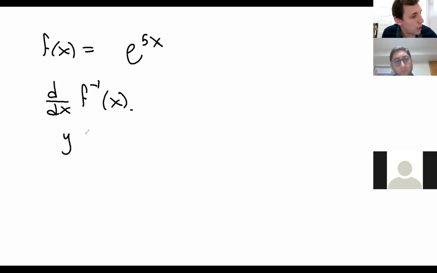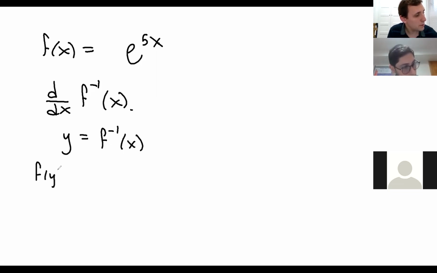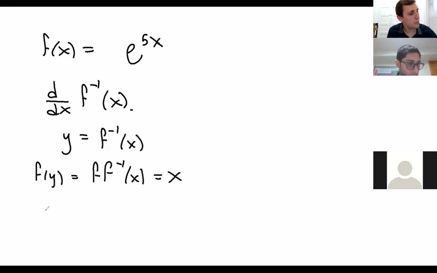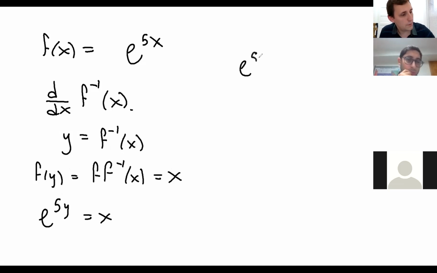We can label y to be f inverse x. Y is f inverse x, which means that f of y is x. What is f of y? F of y is e to the 5y, which equals x. Now what's the derivative? The derivative of e to the 5y is (e to the 5y) times y prime, equal to 1.